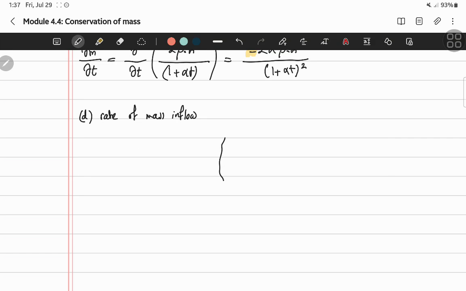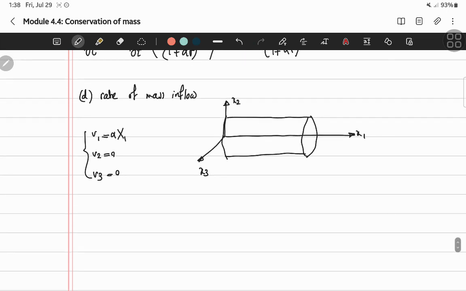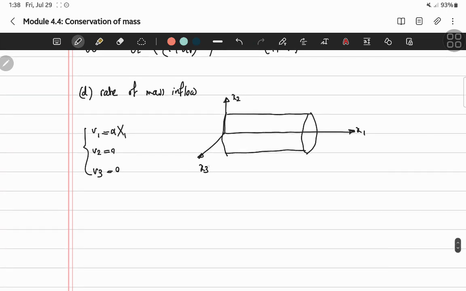So if I draw my control volume again, we have x1, x2, and x3. We know that v1 is alpha X1, v2 is 0, and v3 is 0. So this shows we have no contribution from the laterals like x2 and x3. We only have contribution in the x1 direction.